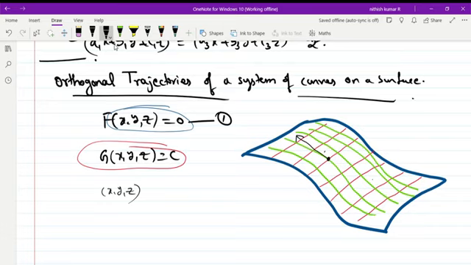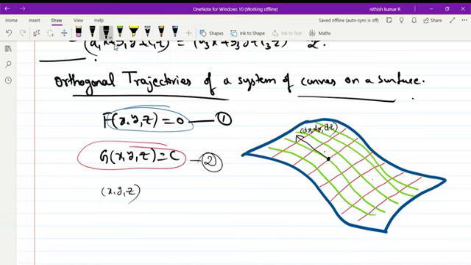Okay, and let's name this as dx comma dy comma dz. So now if you observe this, this will lie on the surface. Since it lies on the surface, it will satisfy these two equations, that is with respect to 1, that is, let's name this as 2.